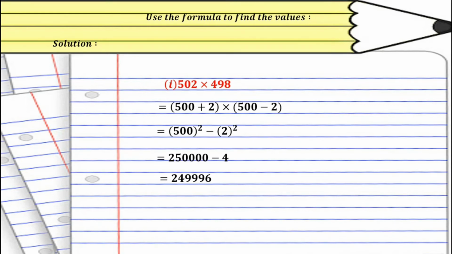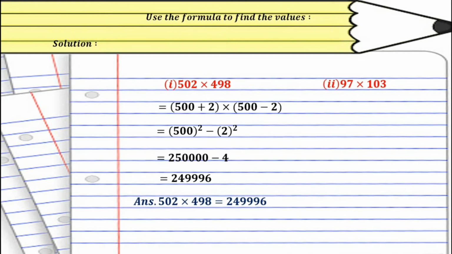Okay, so you will see here that the answer of 502 into 498 will be 2,49,996. Okay, like this.